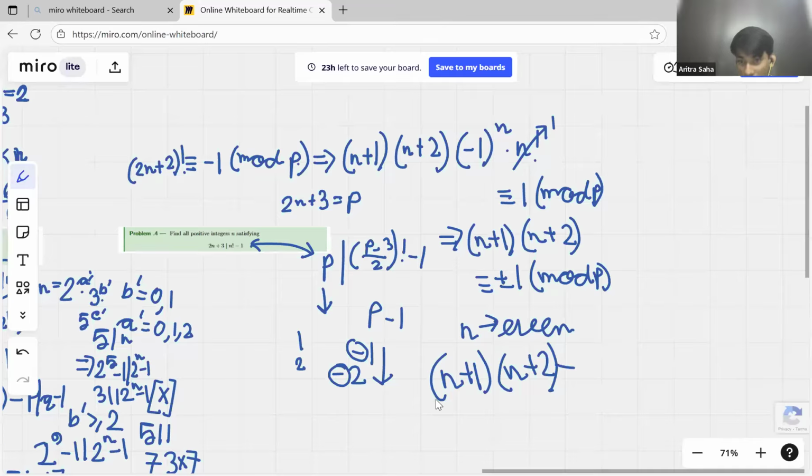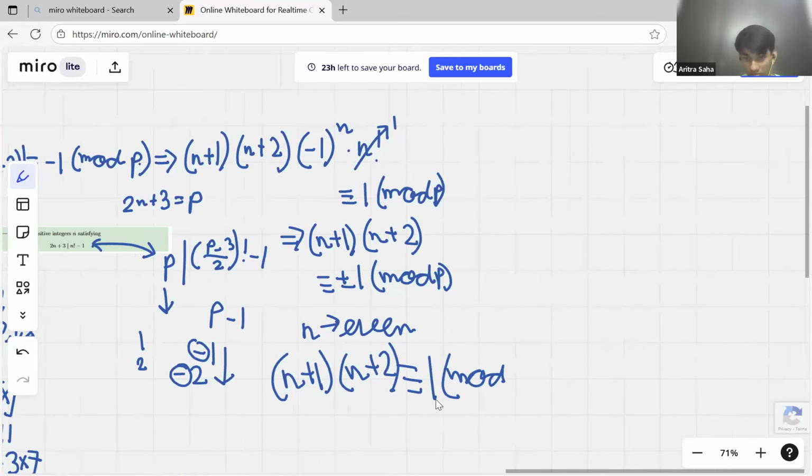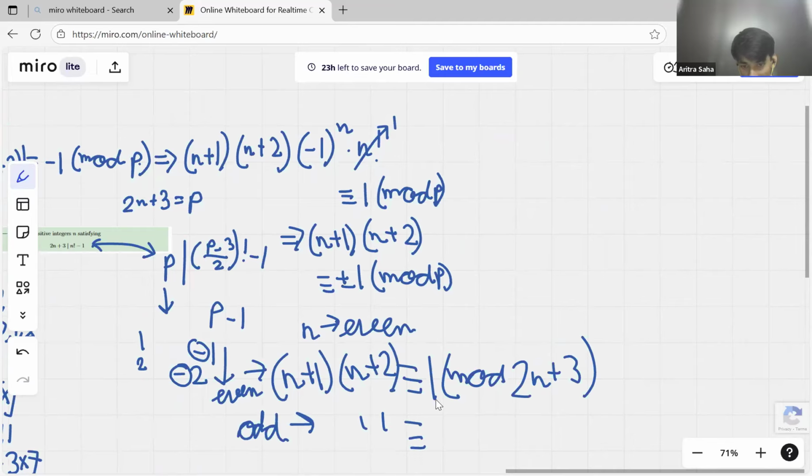This is like 1 mod 2n plus 3. For even this is. For odd, the same thing should be minus 1 mod 2n plus 3.